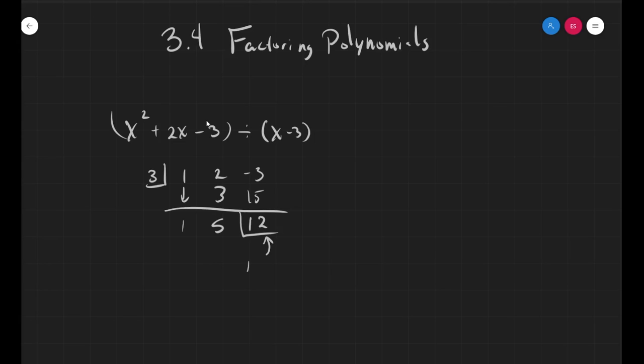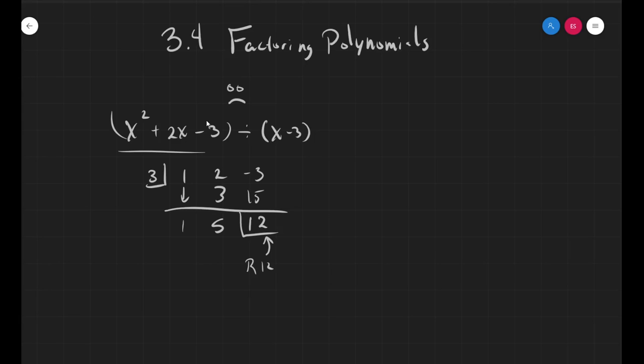Since we have a remainder of 12, x minus 3 is not a factor of x squared plus 2x minus 3. The only thing that our remainder can be in order for a polynomial to be a factor of another polynomial is 0. If we have a remainder of 0, then that term is a factor.